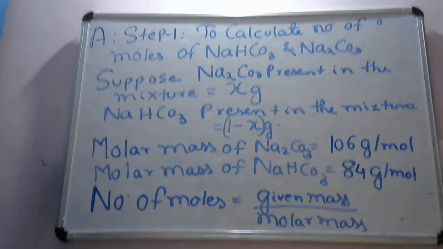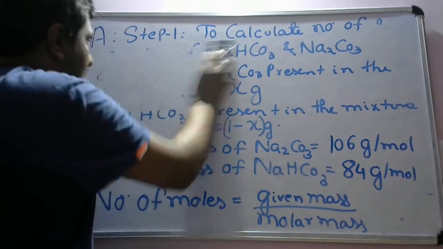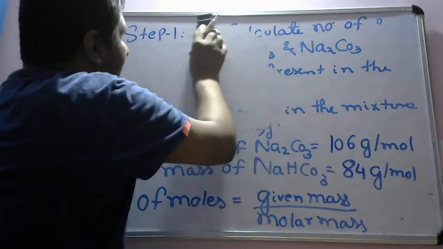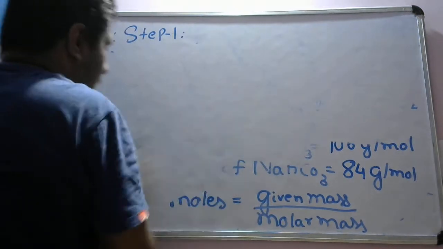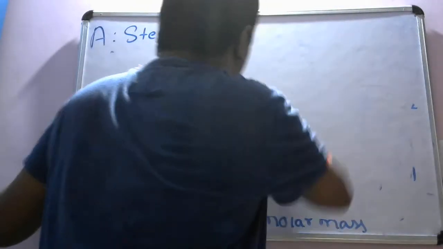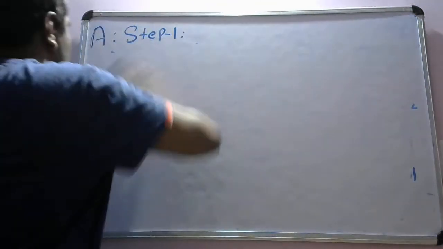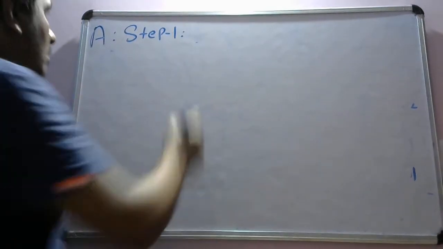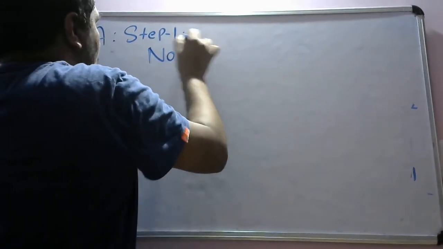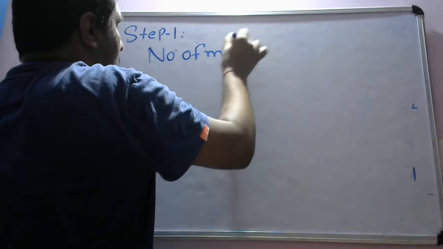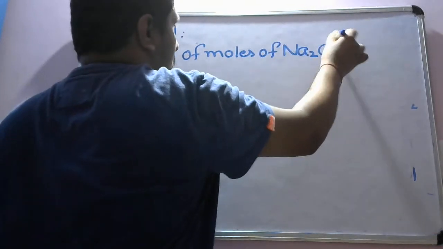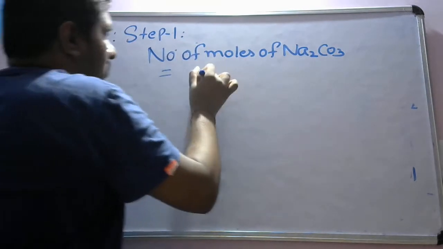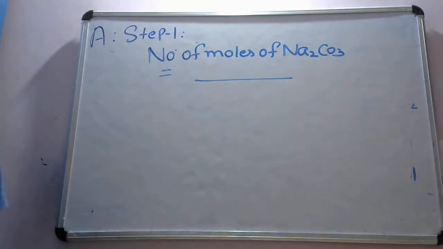So let us do the next step. Same step we will continue. We will find the number of moles of Na2CO3 and NaHCO3. So the number of moles of Na2CO3 is equal to given mass by molar mass.